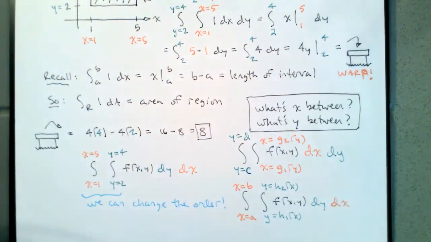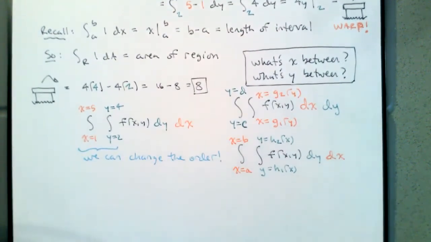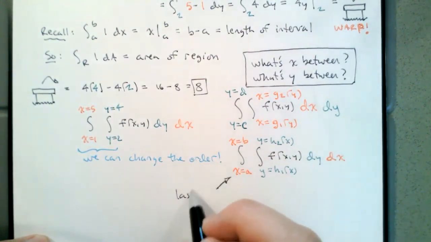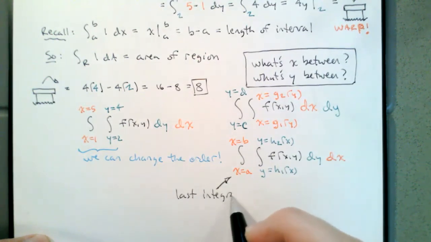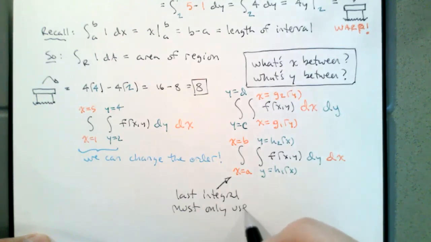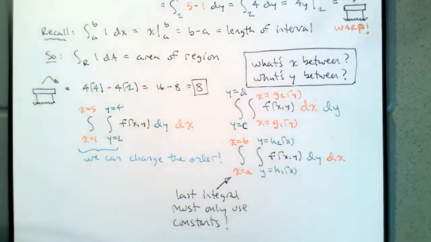Your last integral has to involve constants. Your last integral must only use constants. Earlier integrals can use functions of upcoming variables.